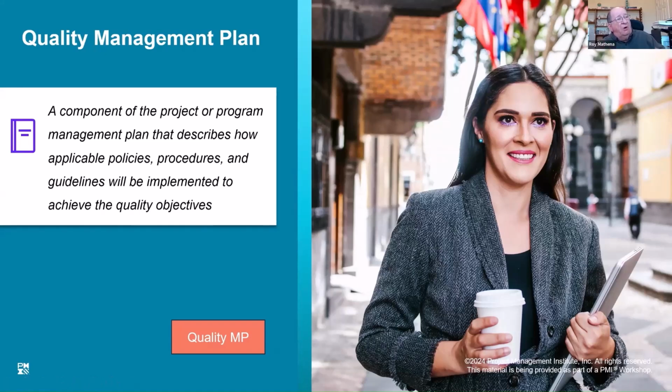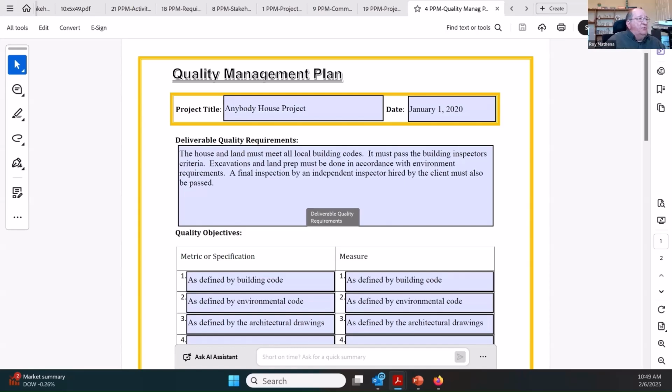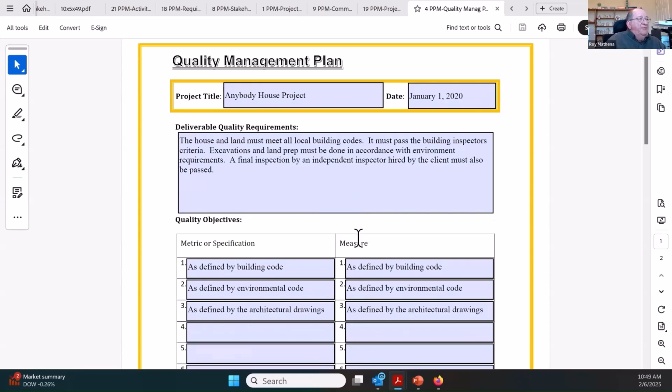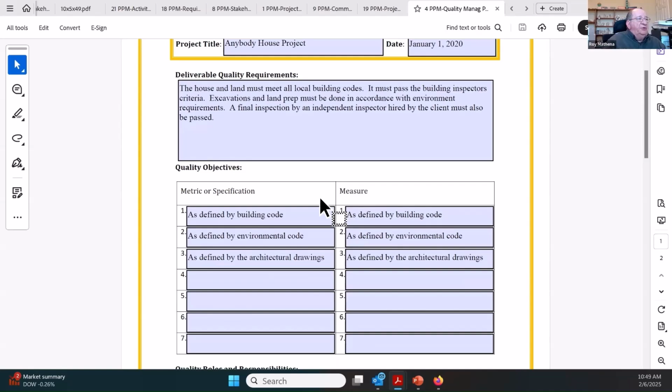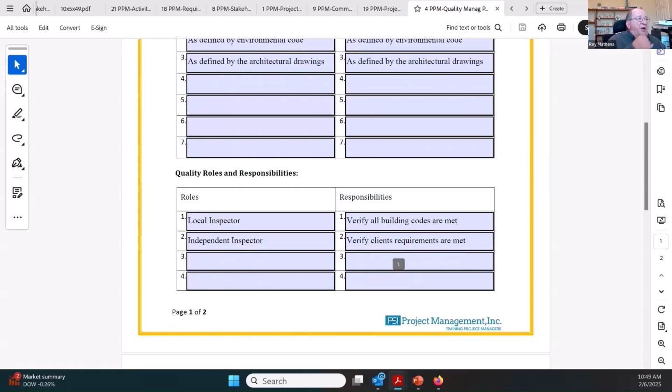How am I going to meet the quality requirements for this product? That's what it addresses. You can see here, we looked at this earlier. We specified in this what the requirements are for quality. We identified what the metrics or the specifications are and how we're going to measure that. We have assigned quality roles and responsibilities. For example, I have a quality department that will be doing the checking and so forth.